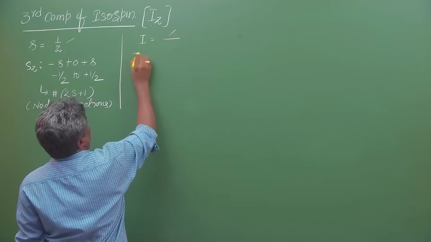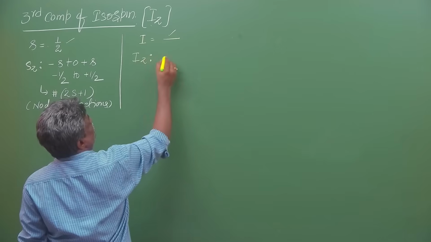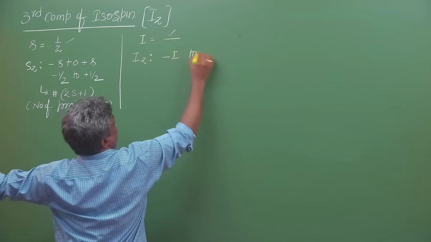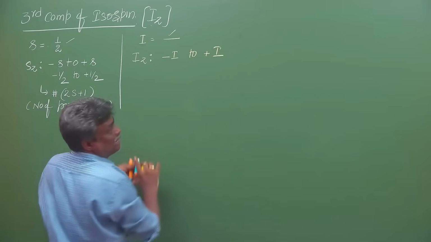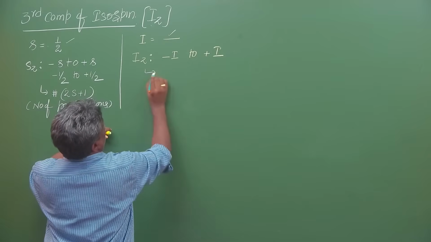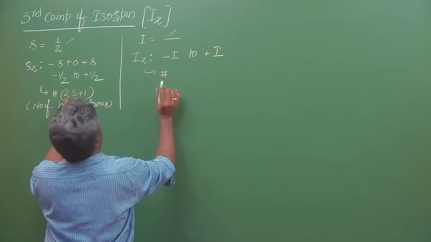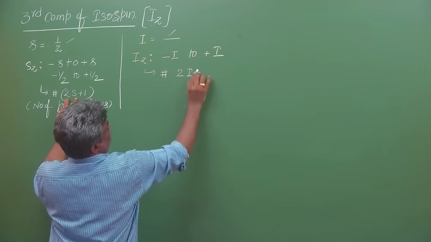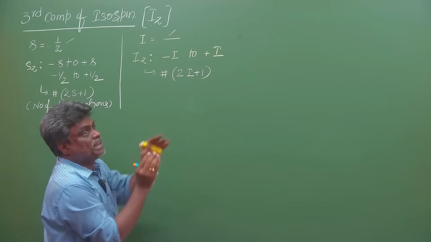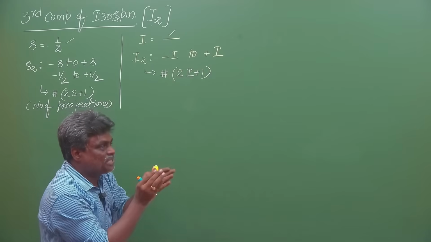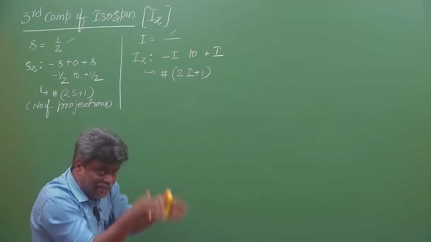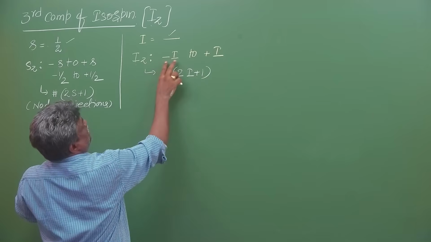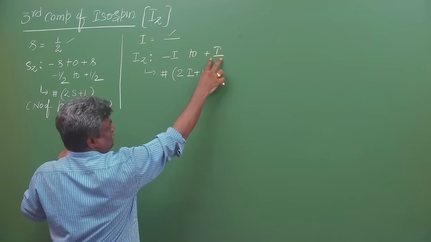Then similarly IZ also takes values from minus I to plus I. Clear? And total number of values 2I plus 1. This 2I plus 1 is the total number of values which is equal to total number of particles in the group.